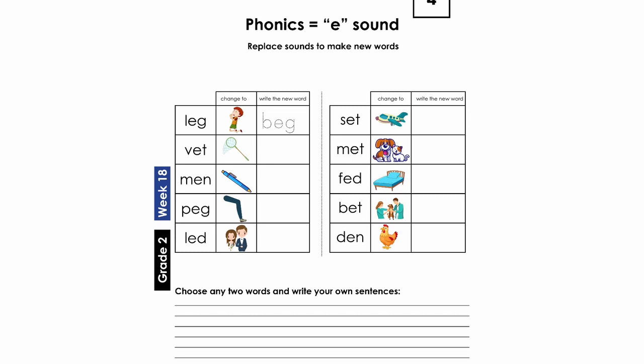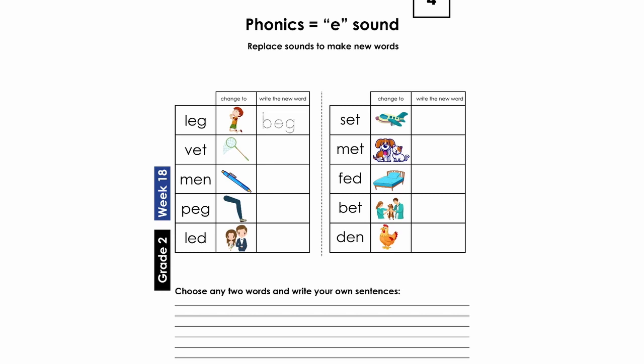In the booklet it says there, replace sounds to make new words. You will see there you have 3 different blocks. Let's look at the first example. So you have one word, and then you have a picture, and then you have space for another word.